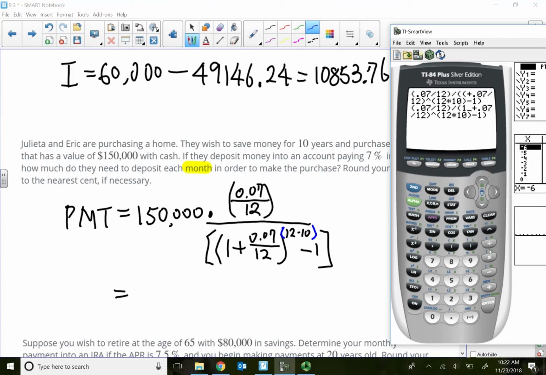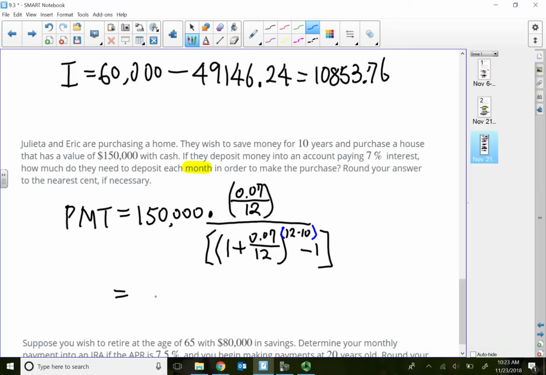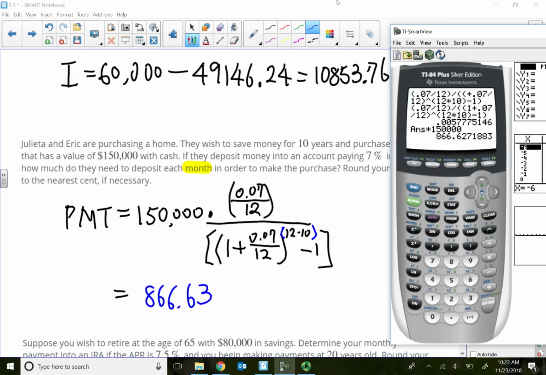Let me insert 1 plus. There you go. All right, times $150,000. There you go. Their monthly payment is $866.63. Alrighty, so that's how much money they will need to save monthly.